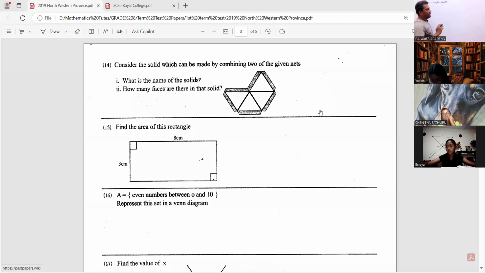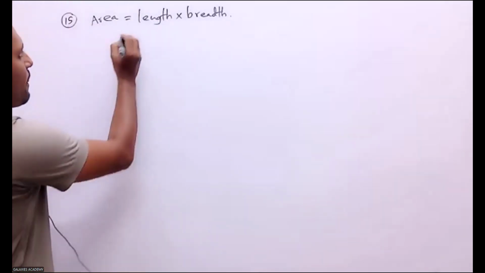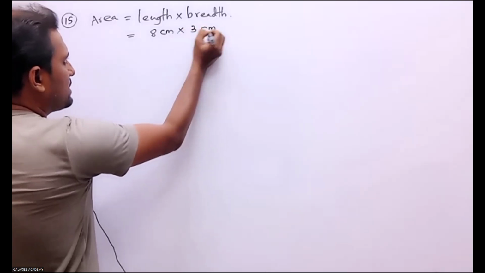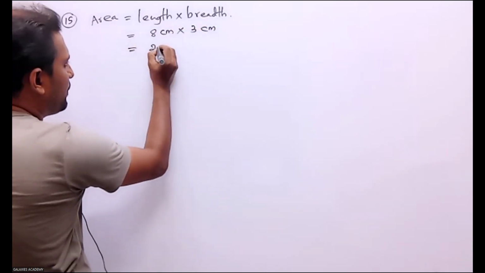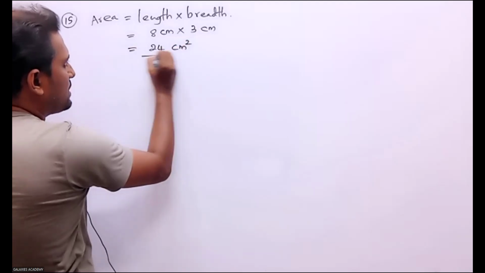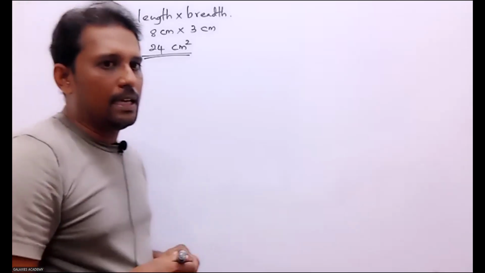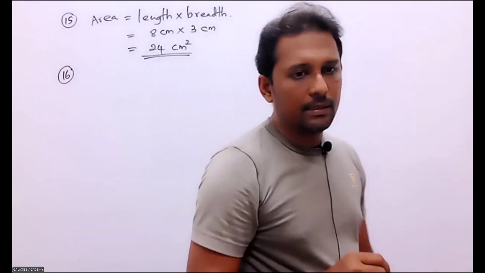This is the method of finding the area of a rectangle and also a square. The length given is 8 centimeters and the breadth is 3 centimeters, so you multiply them. 8 times 3 is 24 square centimeters.